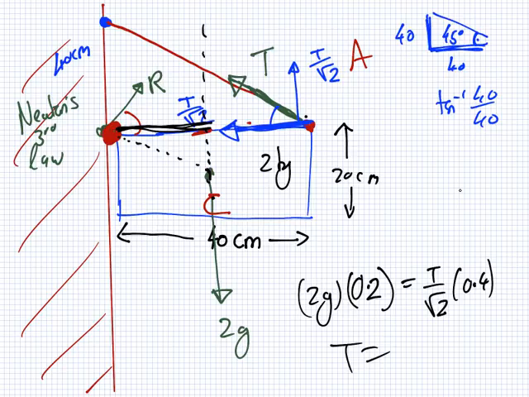I'll give you 5 more seconds to confirm your answer before you commit. 13.9. What is it? 13.9 newtons. Right. Next part.